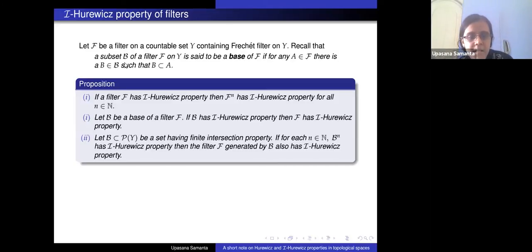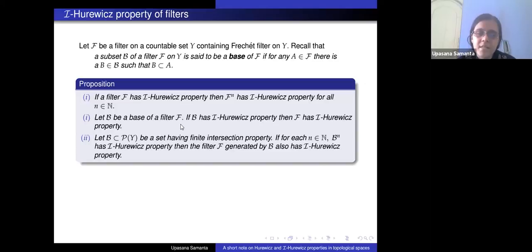Recall that a subset B of a filter F on Y is said to be a base of the filter if for any element of the filter there is a B such that B is a subset of it. And we find if a filter F has I-Hurewicz property, then every finite product also has I-Hurewicz property.